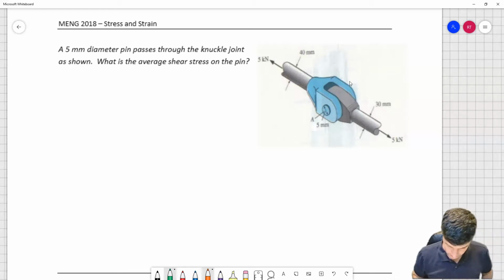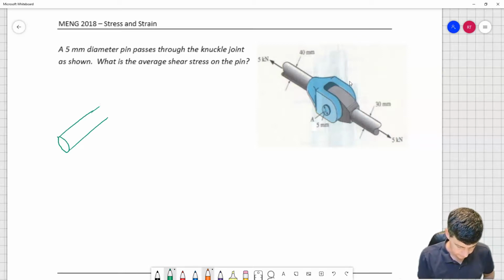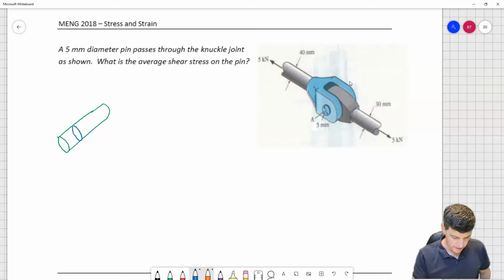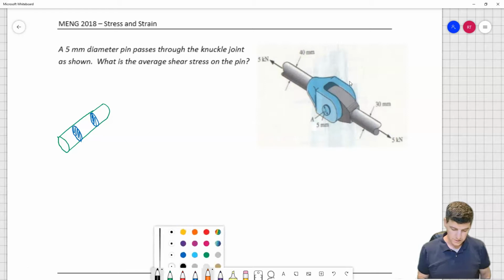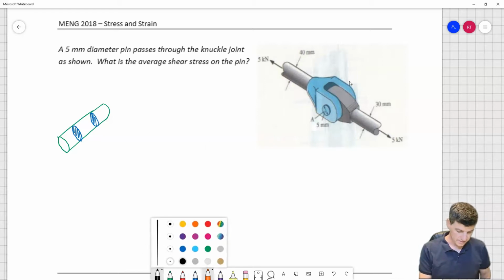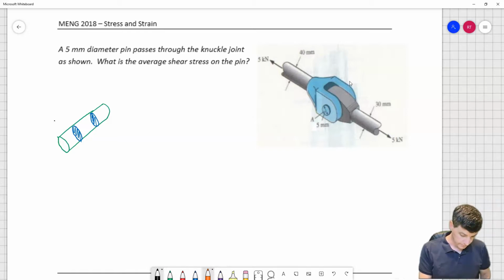I'm going to draw a little diagram of the pin. Here's my pin, and I suspect if this thing was to break, it might break in 2 places. What I'd be left with is 2 outer pieces and an inside piece, call them 1, 2, and 3.